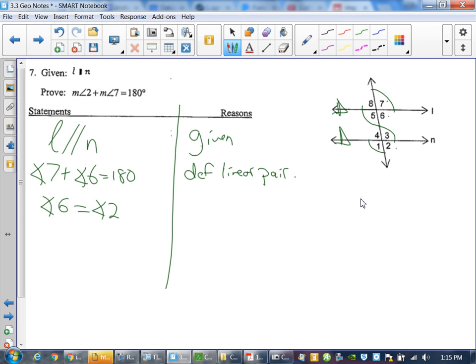Corresponding angles. And then I can do a substitution and I'm done. So now everywhere I see a 6, I can put a 2.